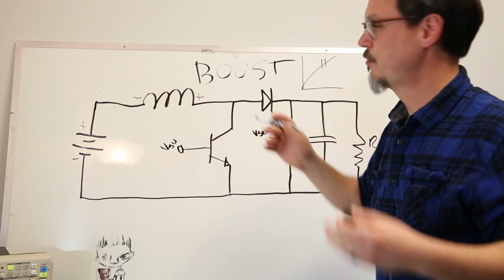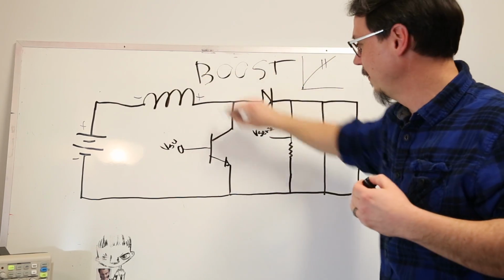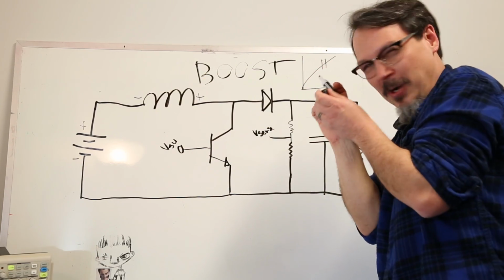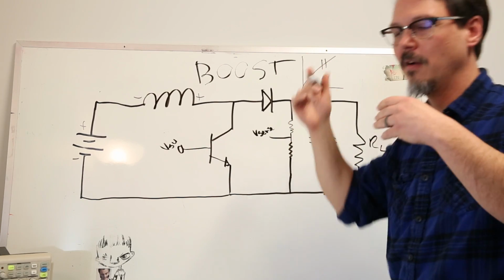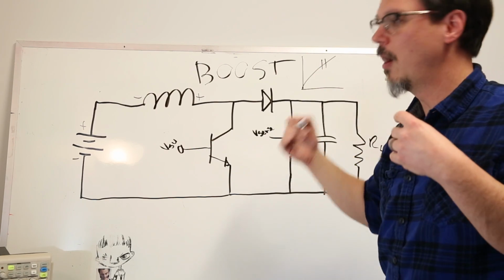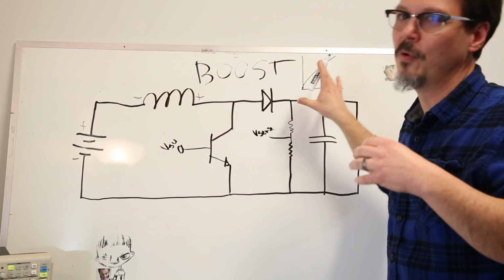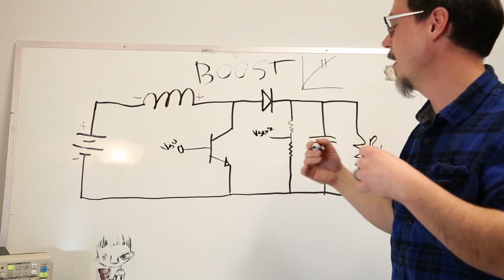And if the current goes from a really big current through here to a really small current, that's a really quick transition. And it's the transition of the current that causes the voltage, the instantaneous change, okay?